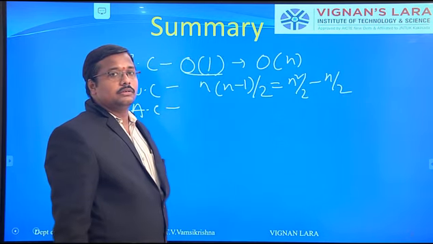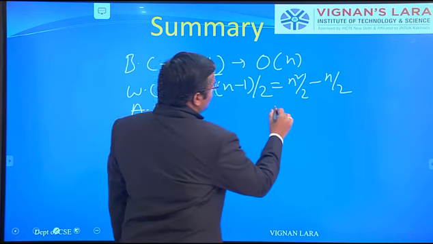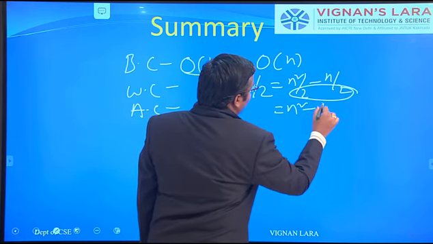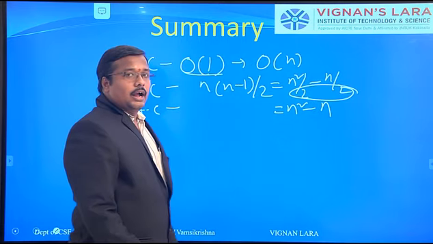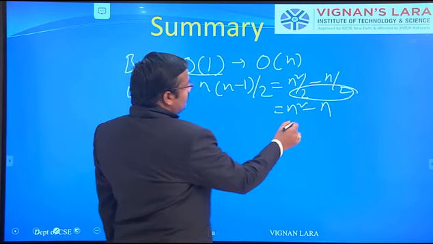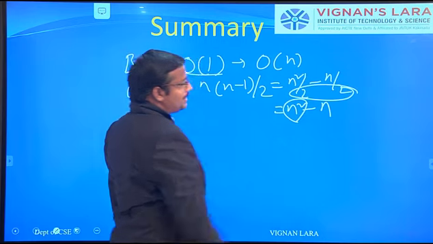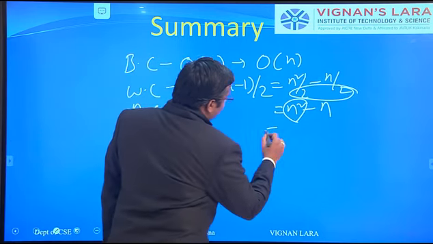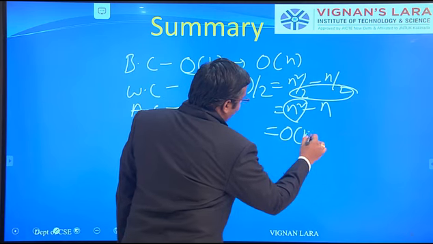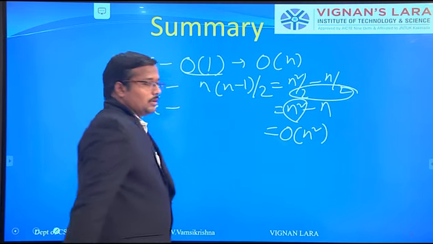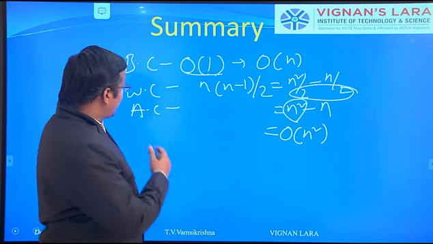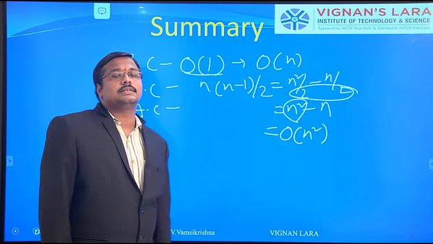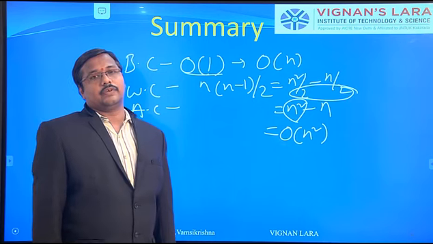Here the divisors are constants, so it is simply n square minus n. The maximum value given by this equation depends on n square. So the time complexity of insertion sort in the worst case and average case is big O of n square.